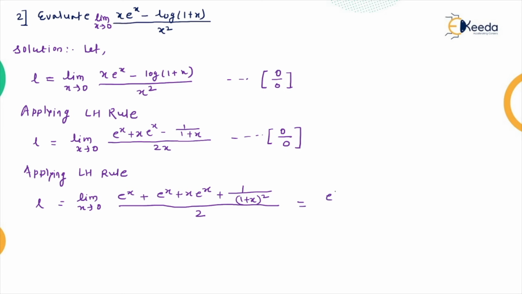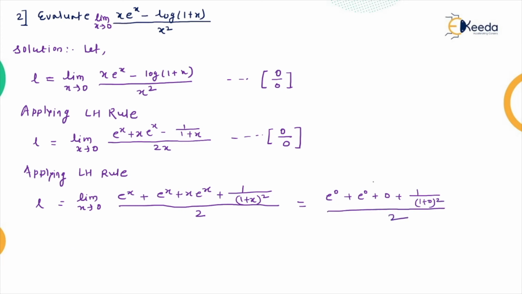So what is that here? e to the power 0, plus here also e to the power 0, plus x into e to the power 0, means here the third term is 0, plus 1 divided by here, 1 plus 0 and it's a square, and total divided by 2.